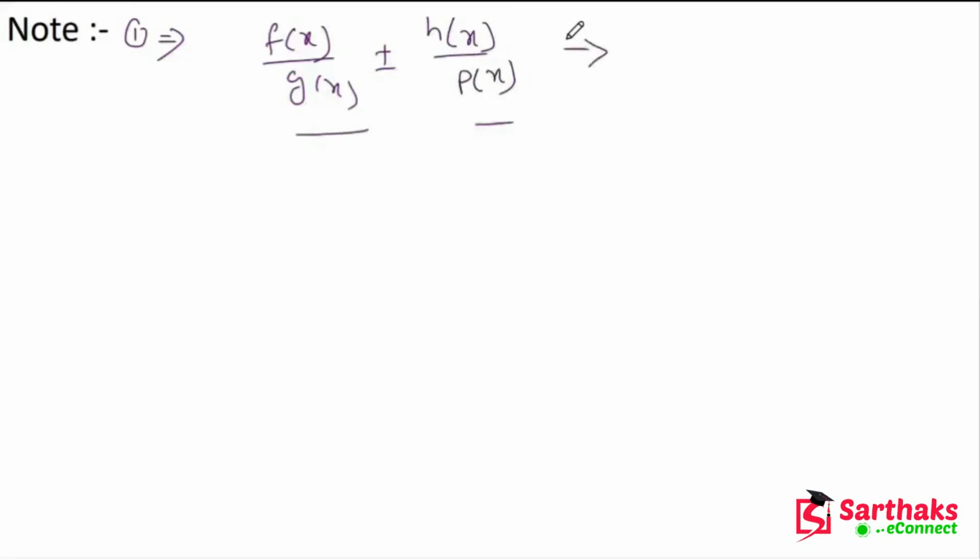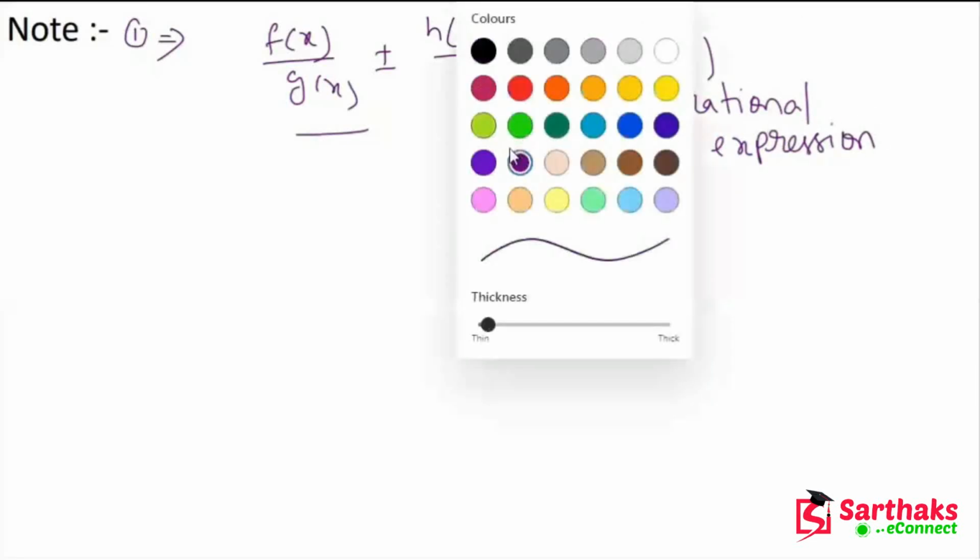If we are doing f(x) divided by g(x) plus or minus h(x) divided by p(x), the sum or difference of rational expressions will be another rational expression. I hope you get this point.